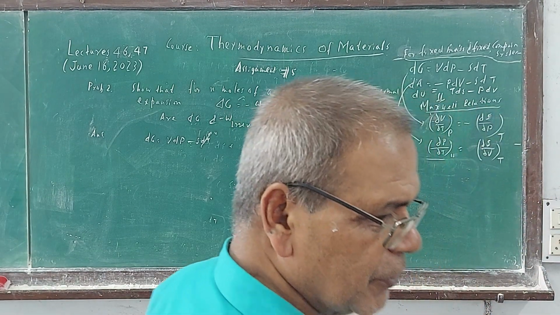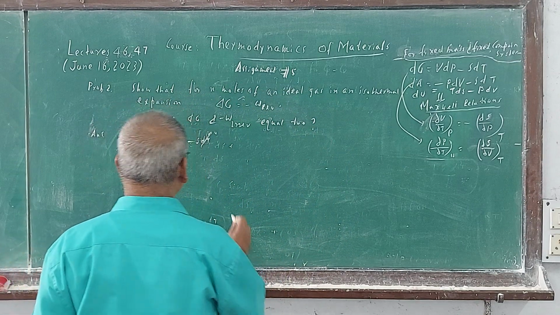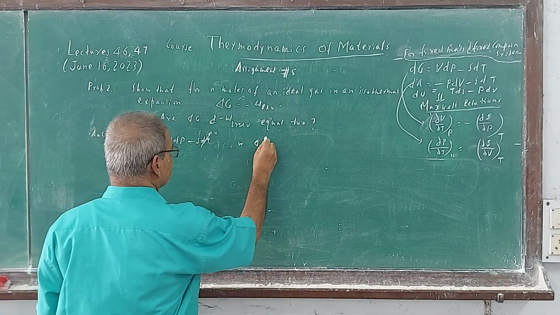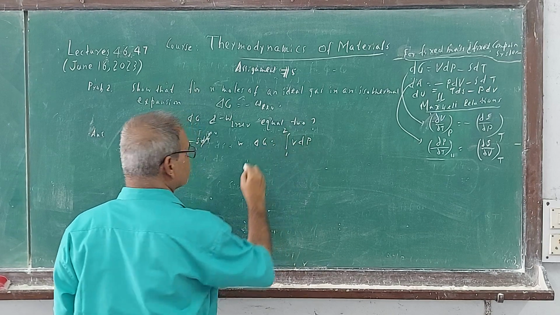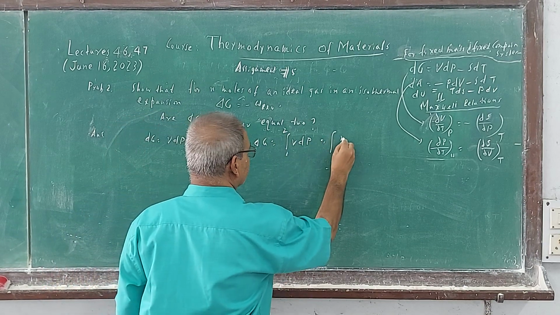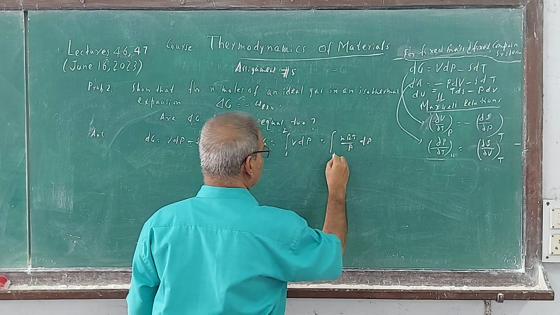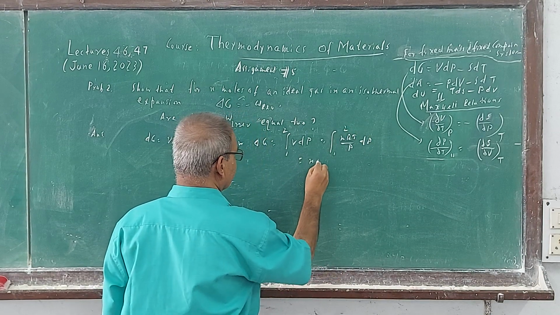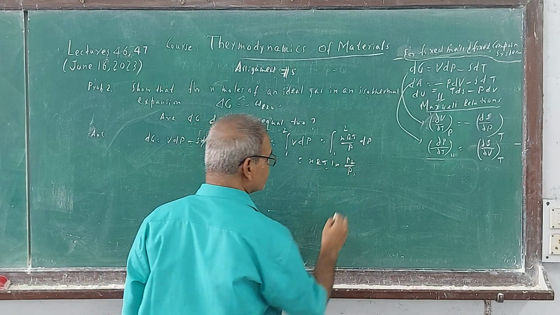Any way you come, because they are consistent, they are internally connected. So this is the V dP, or delta G is the integration of V dP from state 1 to state 2. Quickly, V is nRT by P, dP from 1 to 2. What you are getting is nRT ln P2 by P1.